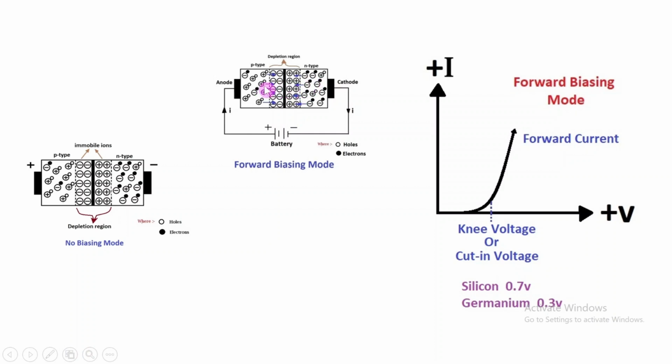When we provide the 0.7 electron volt to the free electrons, the electric field and the potential are cancelled by the external battery's potential, and the electron will suddenly start moving and recombine with the hole, and this device will behave as a conductor.